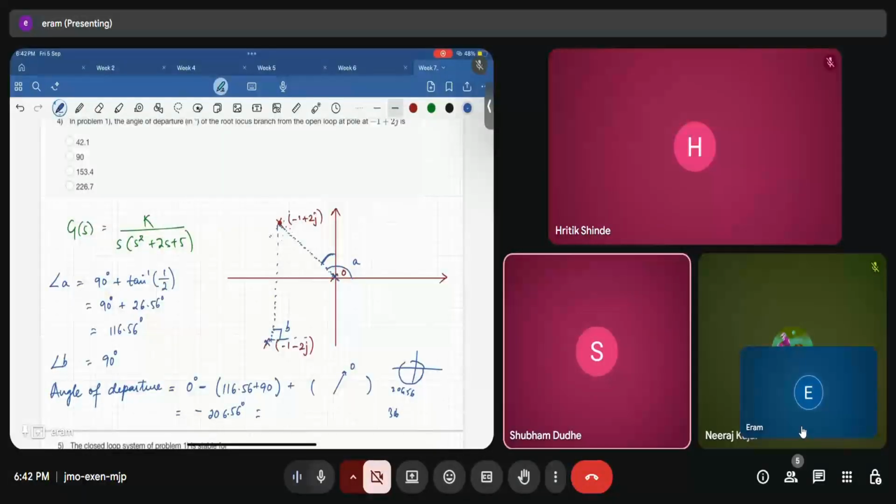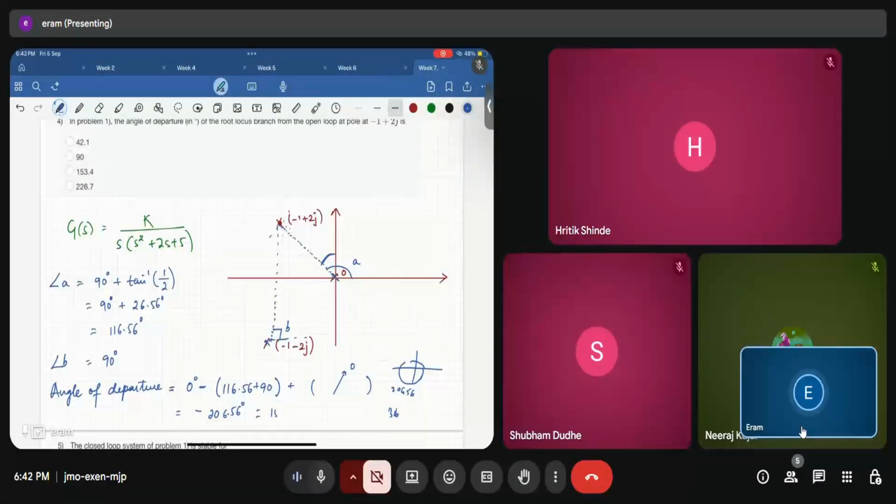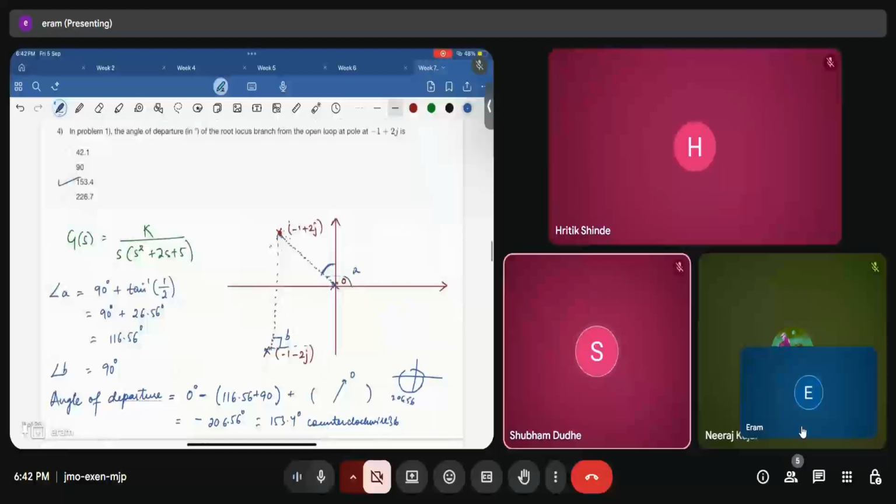Yes, correct. So the answer is 153.4 degrees in the counterclockwise direction. So the correct option is this. This is clear to everyone? Okay then.